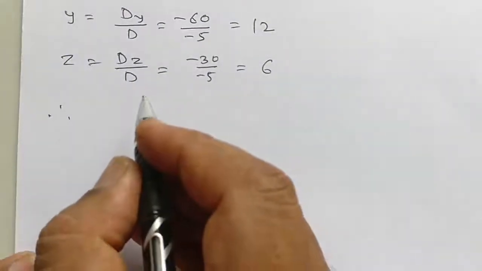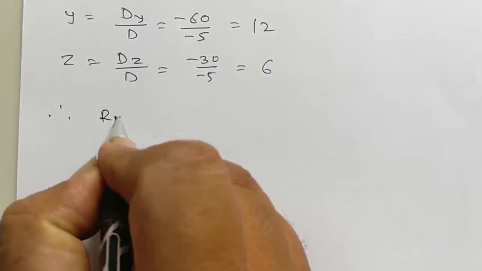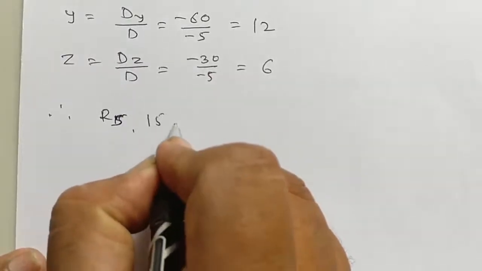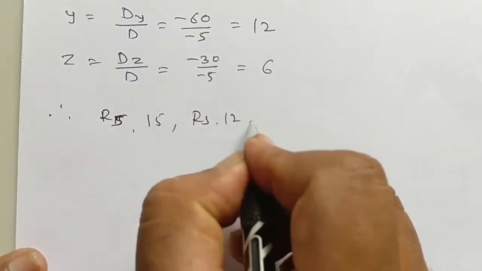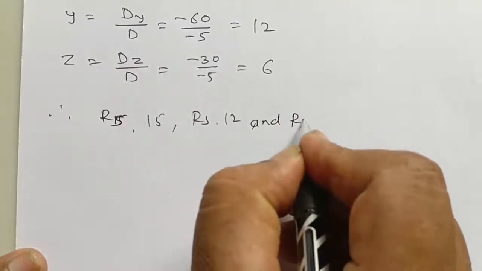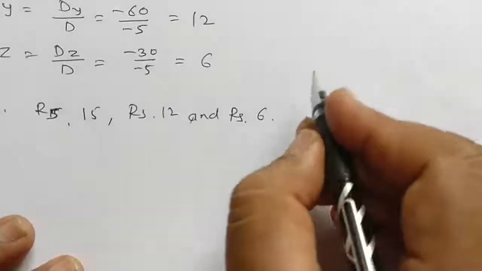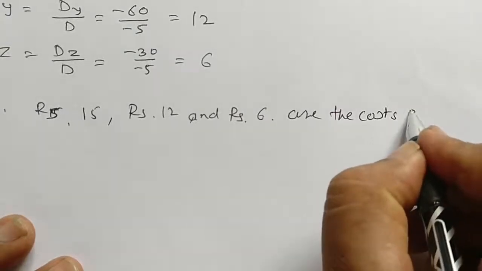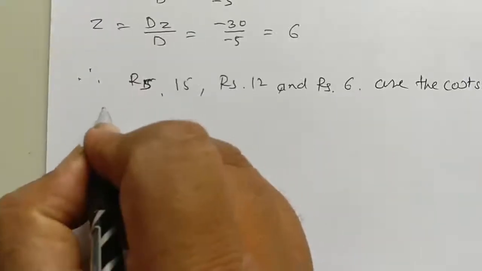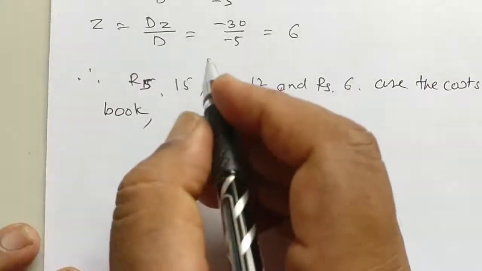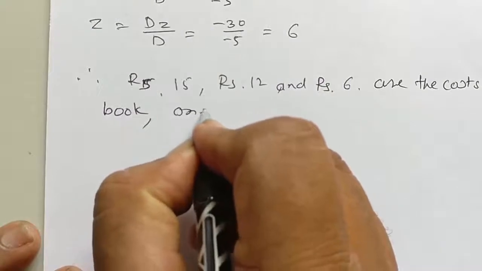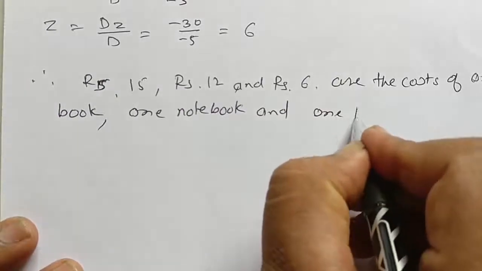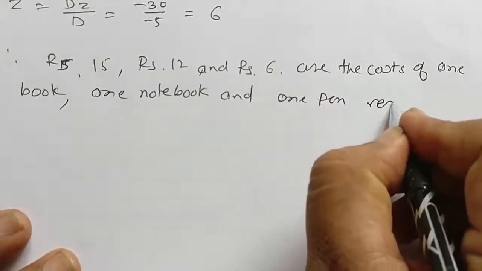Therefore, rupees 15, rupees 12 and rupees 6 are the cost of one book, one notebook and one pen respectively.